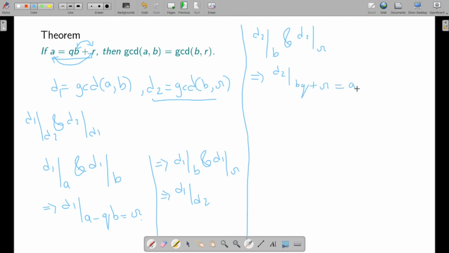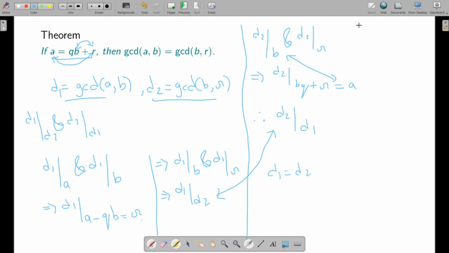It is A. So this tells us that D2 is a common divisor of A and B, and D1 is the greatest common divisor, which means that D2 will have to divide D1. Since D1 and D2 are positive and each divides the other, you will get D1 is equal to D2.